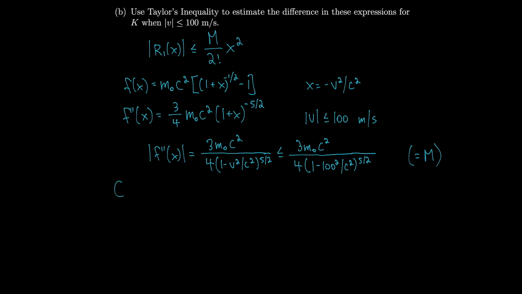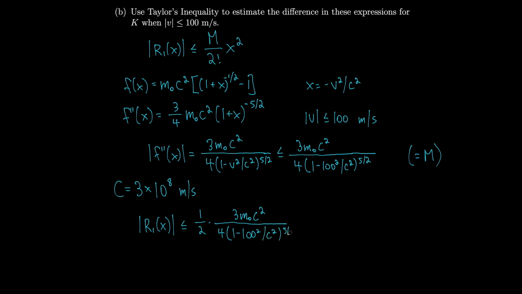So we also know that the speed of light c is equal to 3 times 10 to the 8th meters per second. So we'll plug that in too. So we get that our error is less than or equal to 1/2 times 3 m naught c squared over 4 times (1 minus 100 squared over c squared) to the 5 over 2.